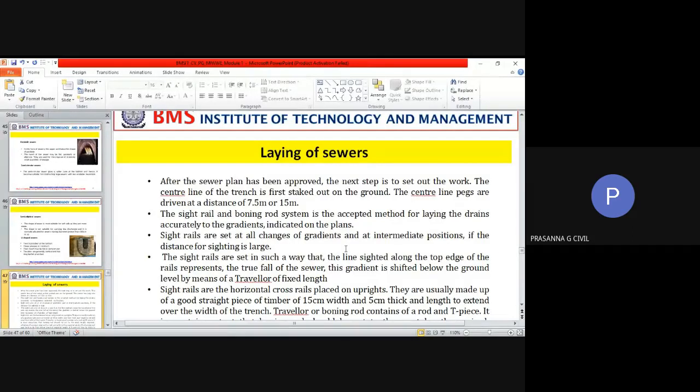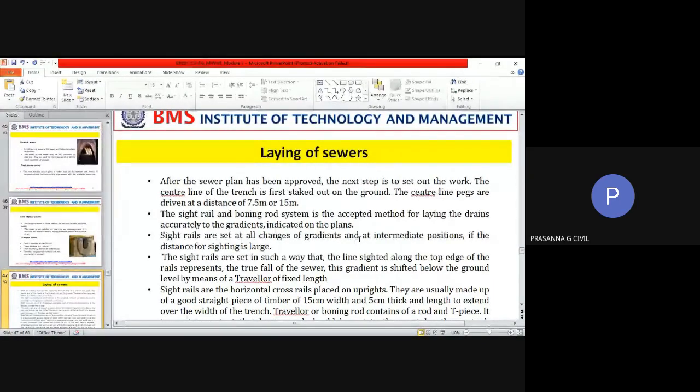So if we are talking about a main sewer or a branch sewer or a lateral sewer, depending on the size or diameter of the sewer that is going to be laid, that distance from the center line, plus you need extra room for putting these things in, so that will have to be done. So center line marking is again an important step in the process of laying of the sewers.